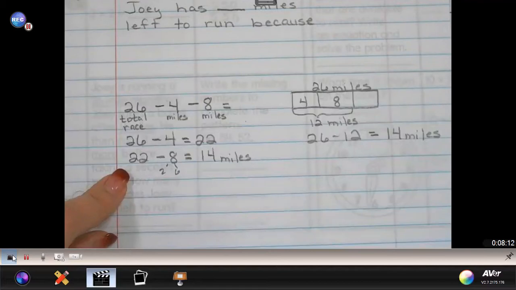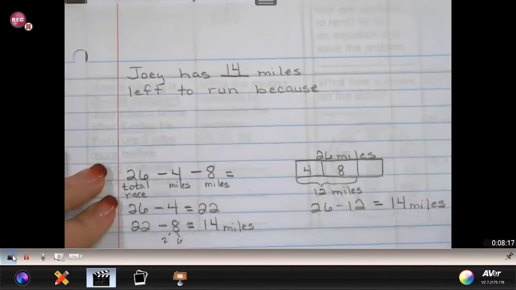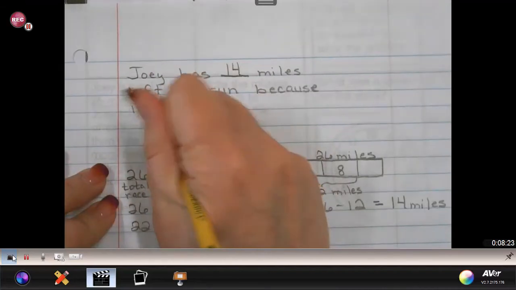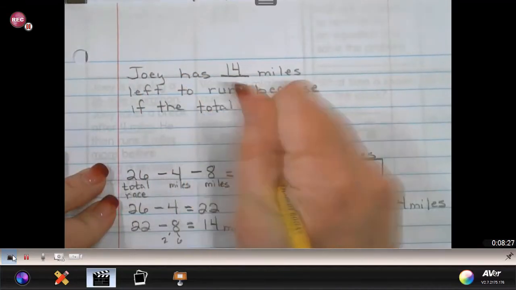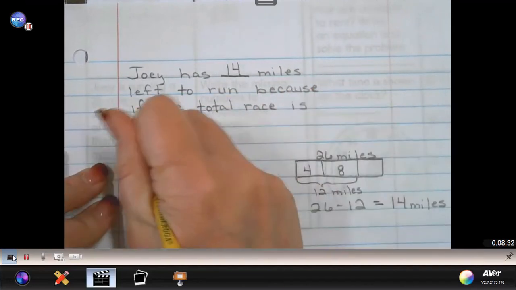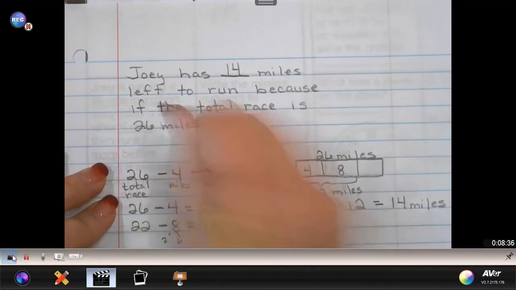So now we can go back up and say Joey has 14 miles left to run, because if you start with the total, if the total race is 26 miles, and that's how long a marathon is, it's 26 miles.